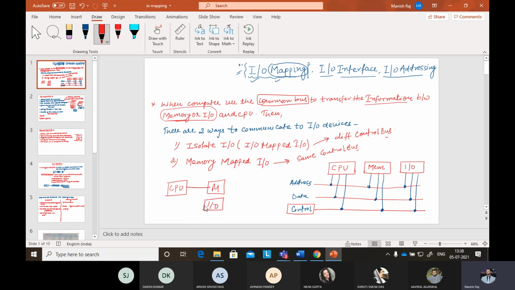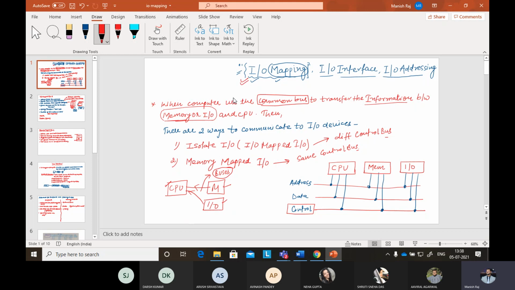If memory and the IO devices use the same common buses for sending or taking information, how can the CPU understand whether it is coming from the memory or from the IO device? That's why IO mapping is needed.